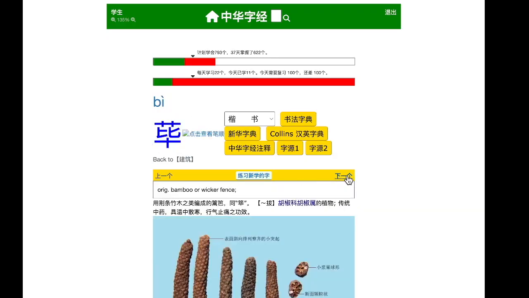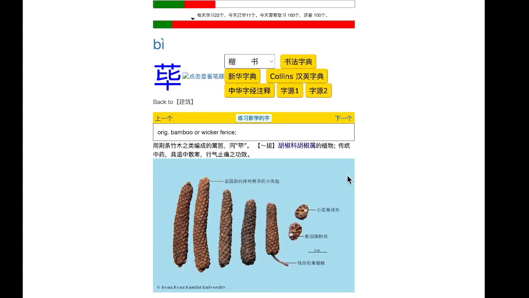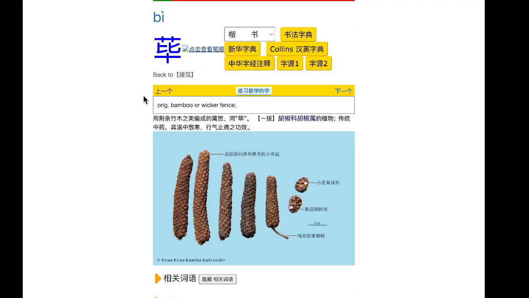Bi. This is a plant called the biba. It's kind of a type of pepper. It's used in medicine. But Bi, originally this character was used to refer to bamboo and wicker fences.